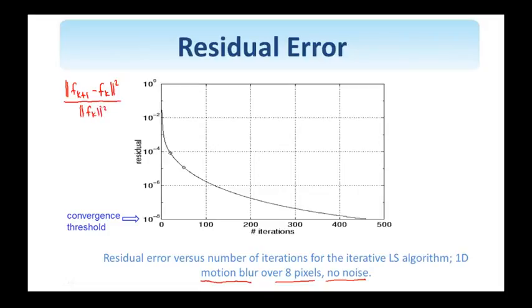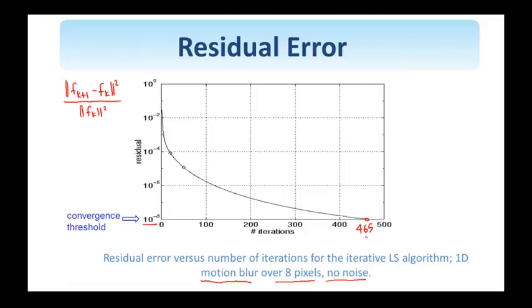This is the standard convergence criterion used when iterative algorithms are deployed. We set a threshold, and when this error becomes smaller than the threshold, then we declare convergence. The threshold here for this experiment was 10 to the minus 8, so the algorithm converged at this point, exactly at 465 iterations.